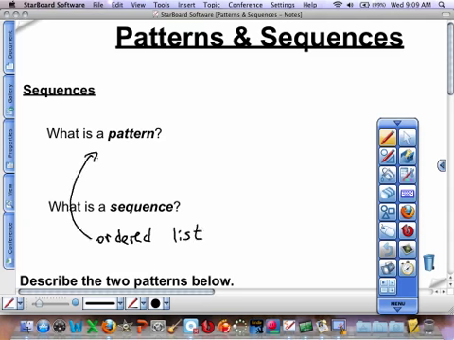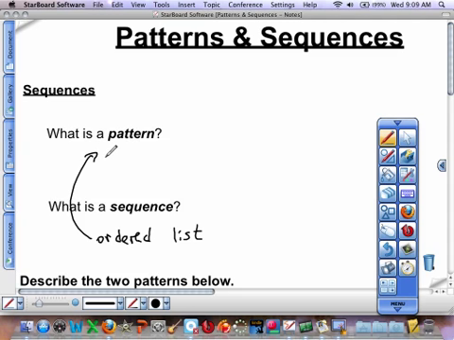So then what is a pattern? There's a key difference between a sequence and a pattern. It's a repeated sequence. That's all a pattern is.